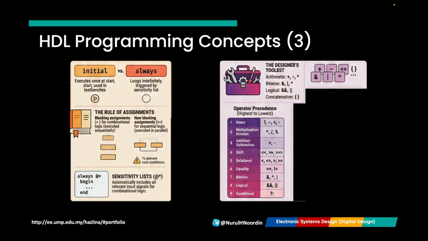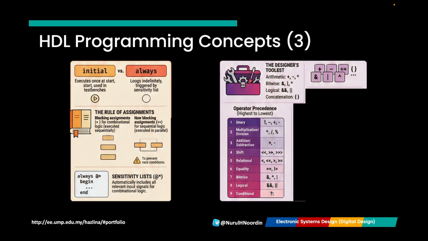Verilog includes a rich set of operators to manipulate data. We have the arithmetic operators: addition, subtraction, multiplication, division. Bitwise and logical operators: bitwise operators are used to manipulate signal bit by bit, whereas logical operators evaluate whole expressions as simple true or false.